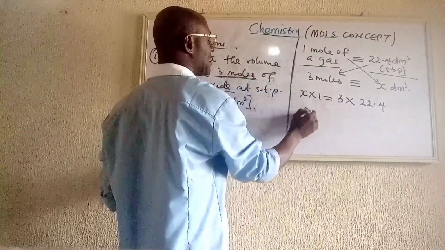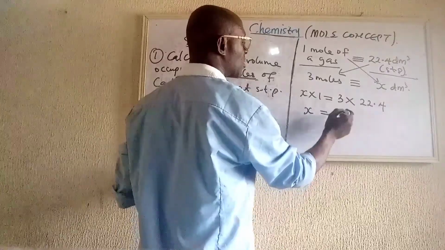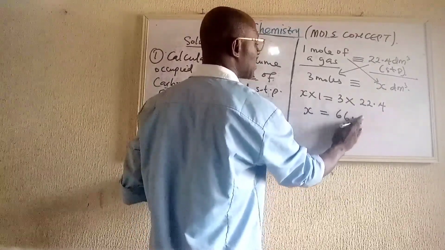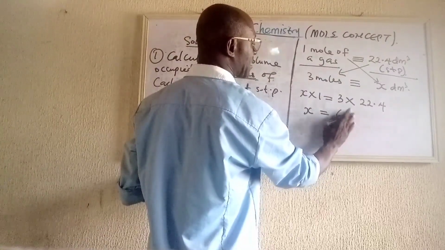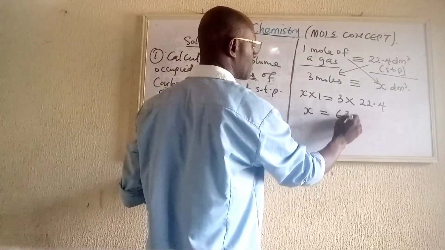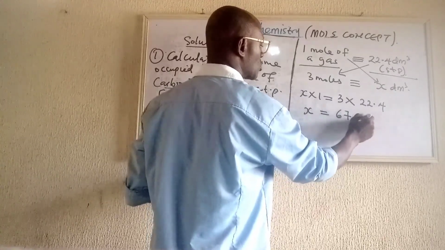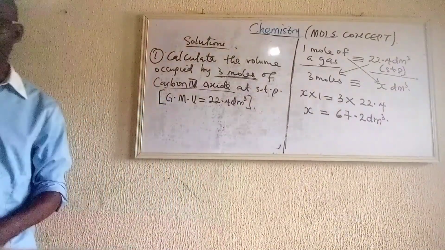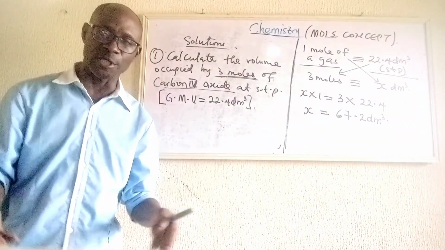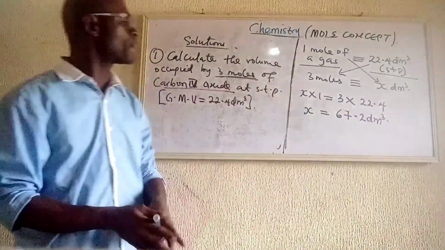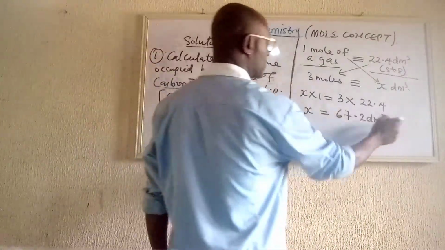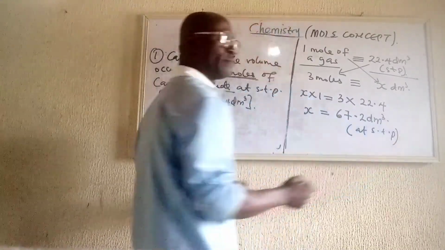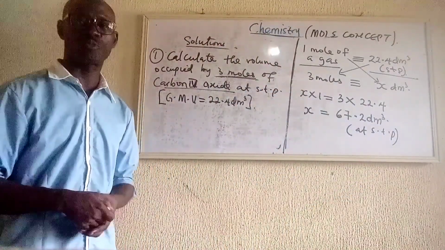So x times 1 is x, and 3 times 22.4, that will be 67.2 dm³. 67.2 dm³. That is the volume occupied by 3 moles at STP. That is about question 1.